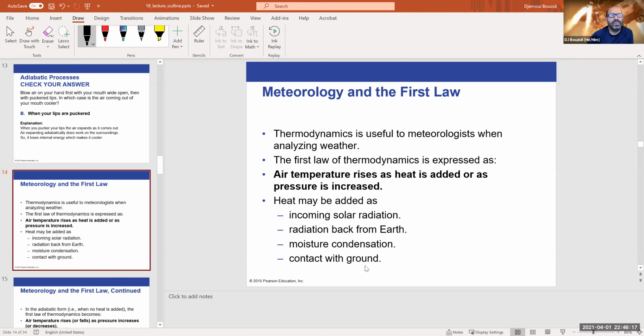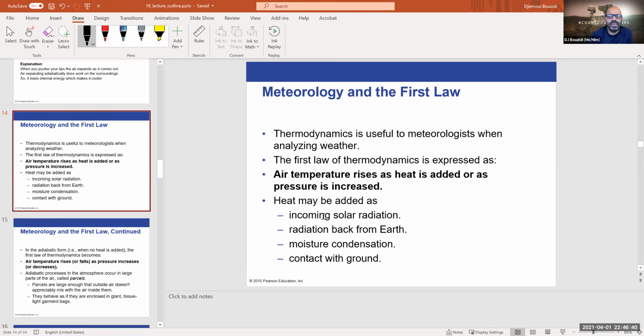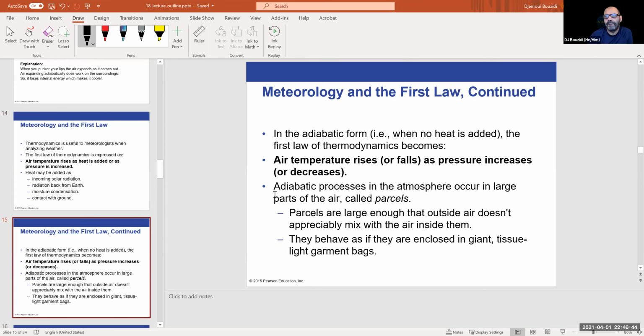So if the sun starts to shine, basically in this case, heat is added from the top of the clouds, or from radiation from the earth that also can give you more heat. The earth absorbs heat during daytime, but then it delivers it back. Not just the earth, all of the components basically take heat. Moisture condensation also is another way of getting heat, and contact with the ground. So that is how the air can have its temperature change.